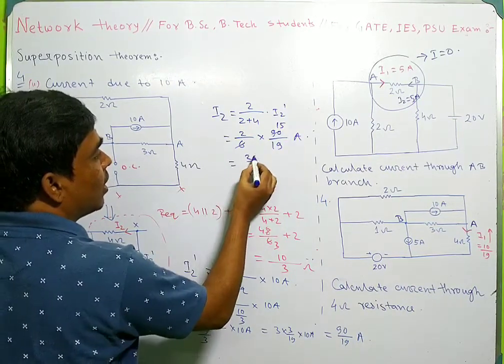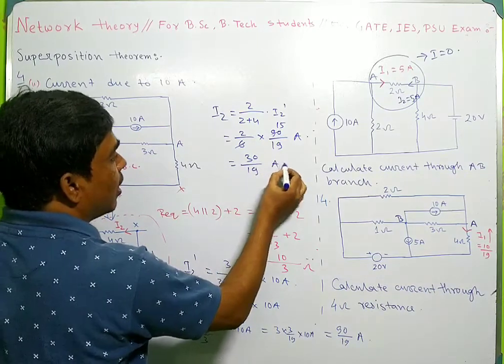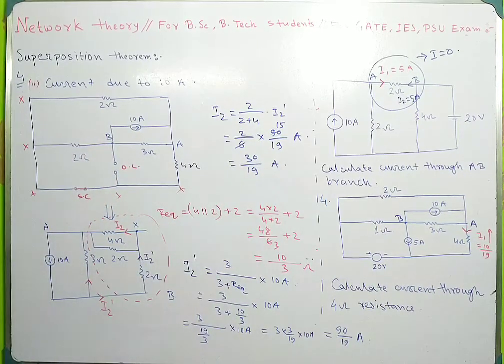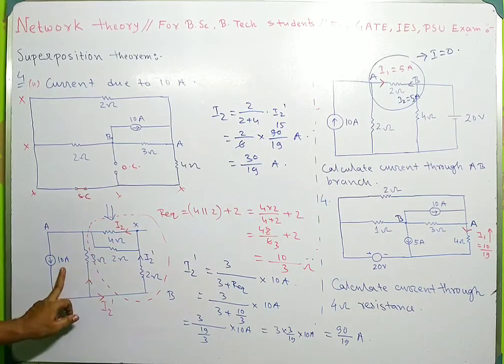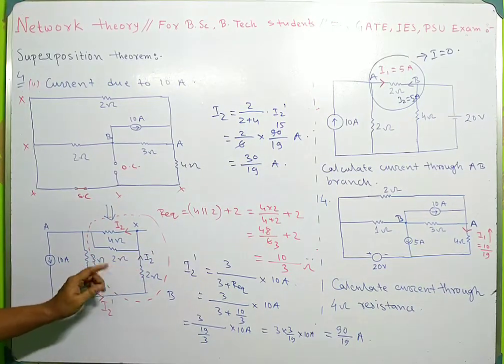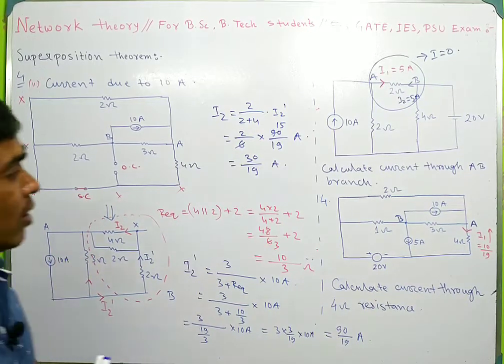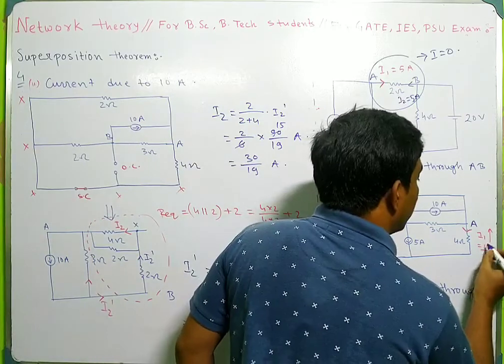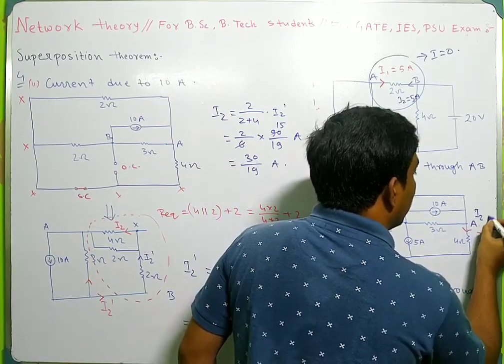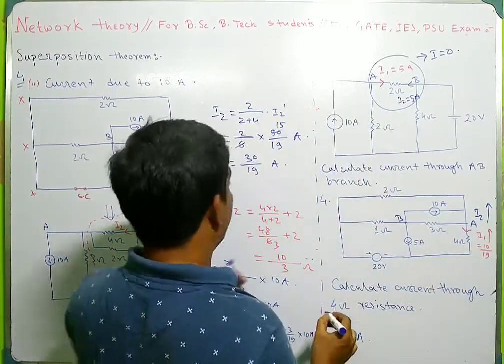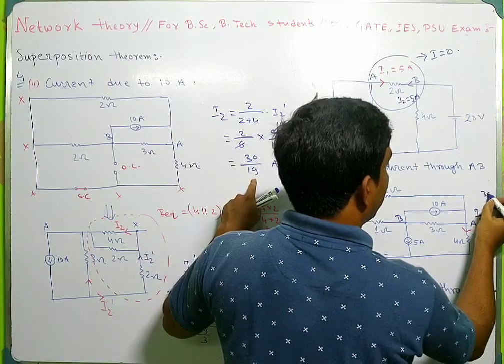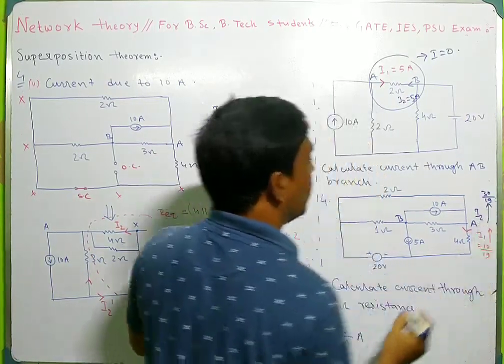So it will be 30 divided by 19 ampere. So due to the 10 ampere current source, I2 is along this direction, and the value is 30 divided by 19 ampere.